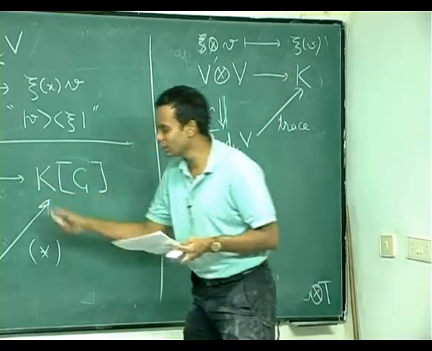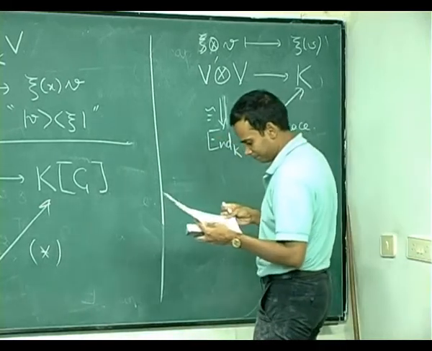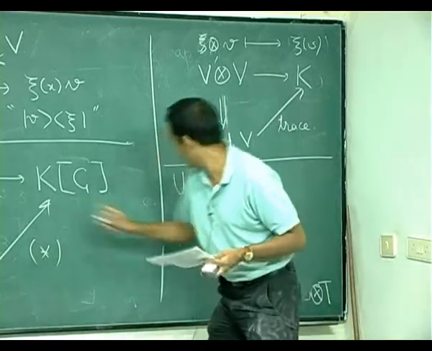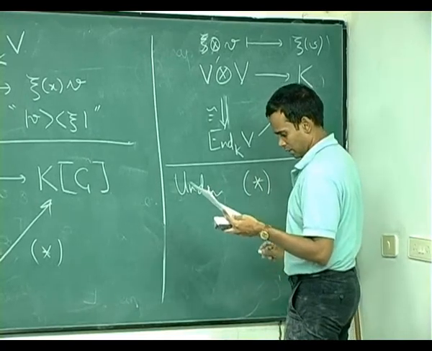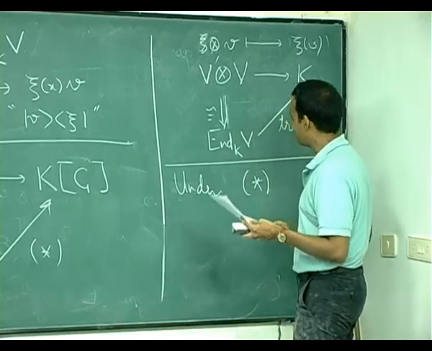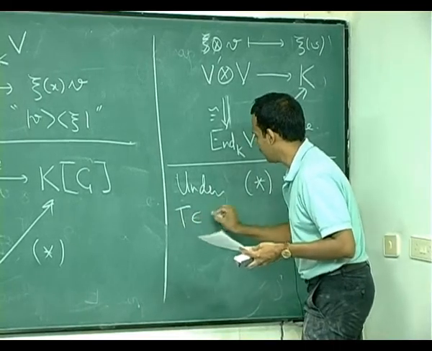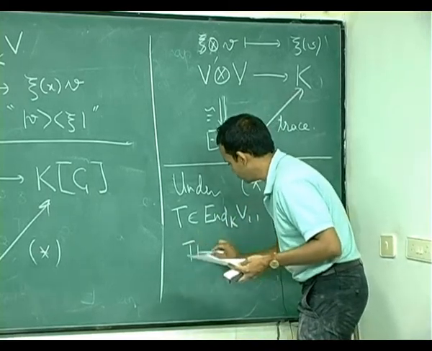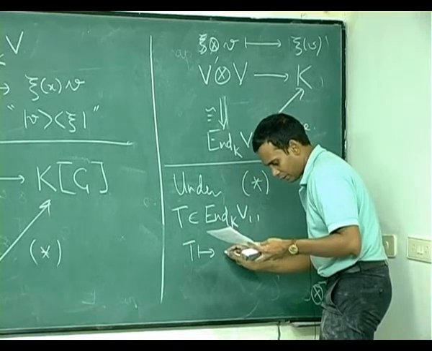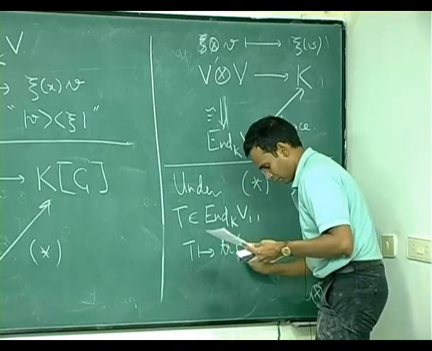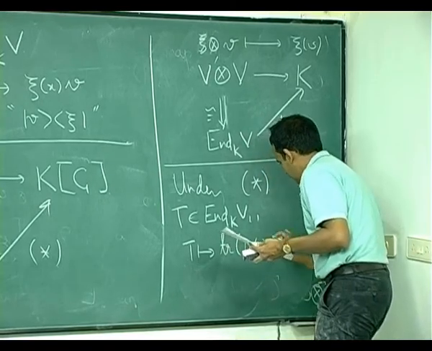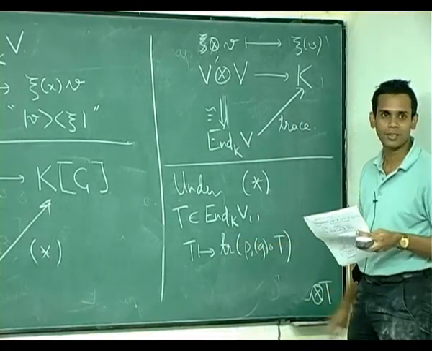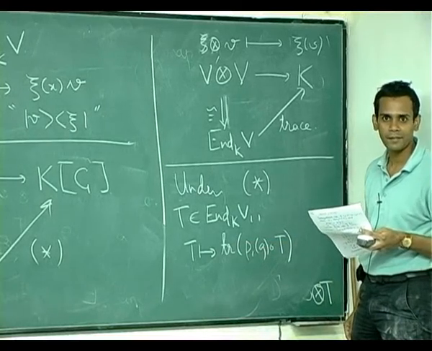So in terms of this picture, under star, this isomorphism here, suppose I have T in End_K(V_i), then T goes to trace of rho_i(g) composed with T. In particular, the identity goes to trace of rho_i(g).